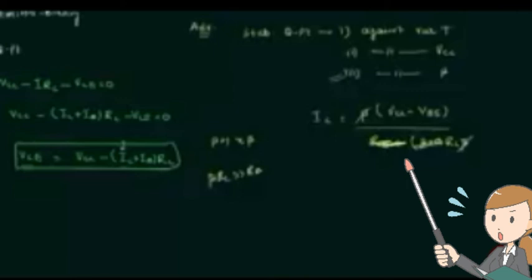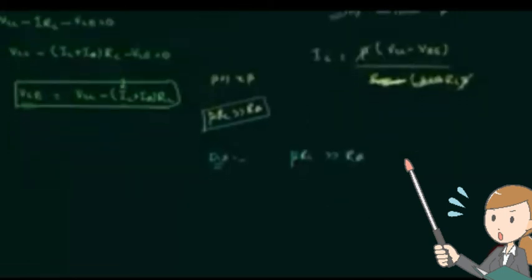Now we will talk about the disadvantage. You can see in the last advantage we have to follow the condition that beta times RC must be greater than RB, and most of the time we do not have the exact idea of the beta value of the transistor. To satisfy the condition, we have to make RC very large or we can make resistance RB very low.